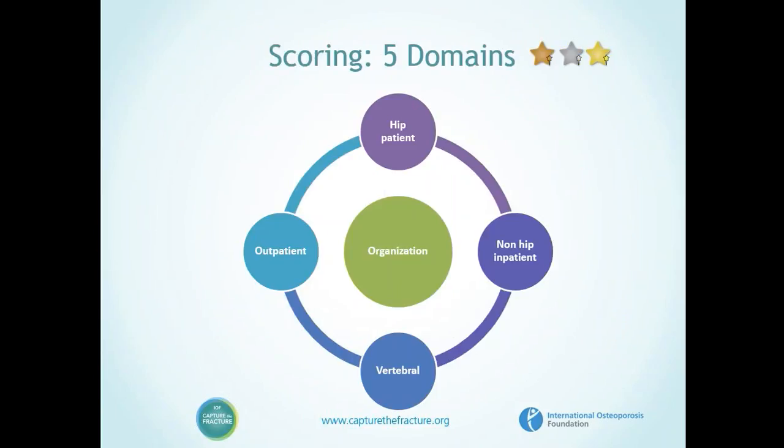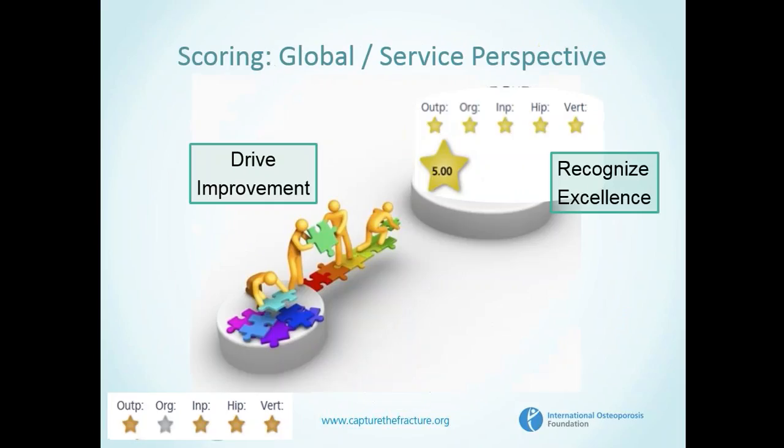The scoring domains I briefly showed you before are the hip fracture patients, the non-hip inpatients, the tubular fracture outpatients, and then the organizational levels. And from a service perspective, we think that doing this scoring and trying to thoroughly assess each site drives improvement.